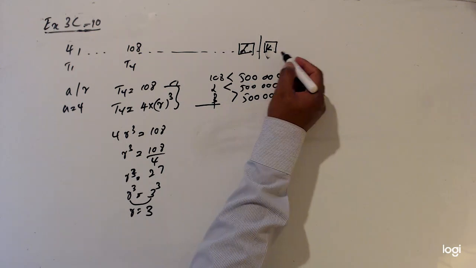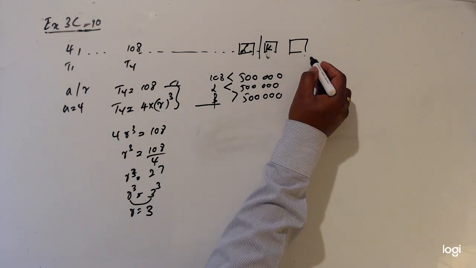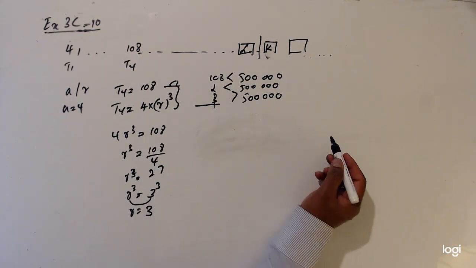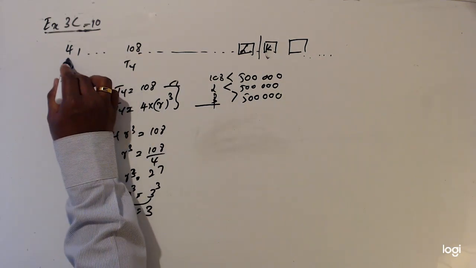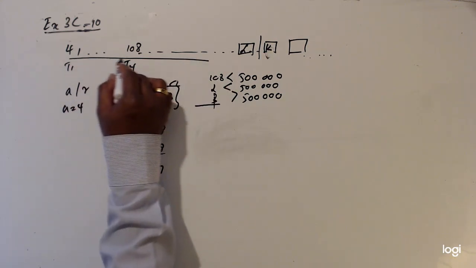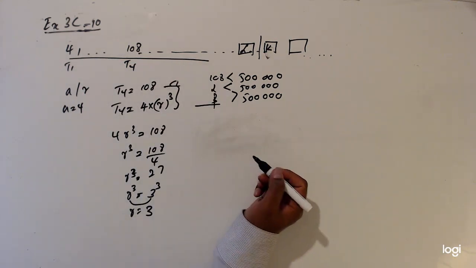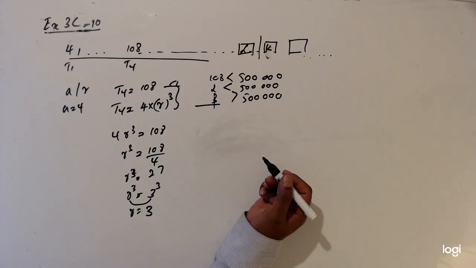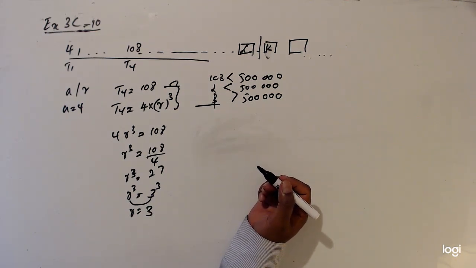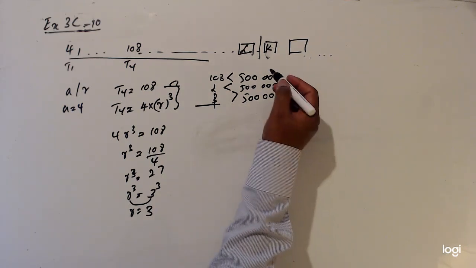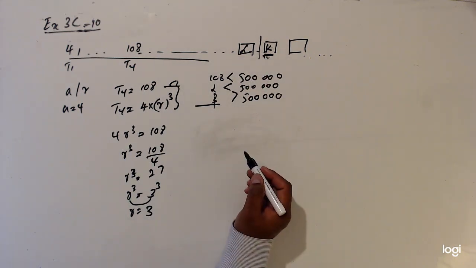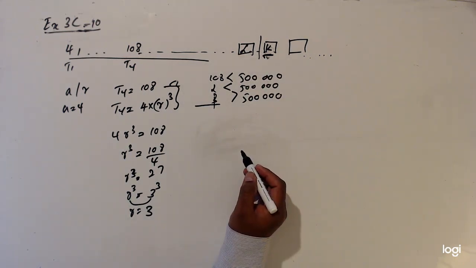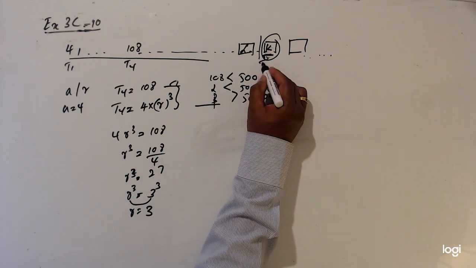After that, any term is more than 500,000, because I can see this is an ascending sequence, a divergent sequence. The sequence is diverging. Now we need to find that k, the smallest k. Assume that term is tk.